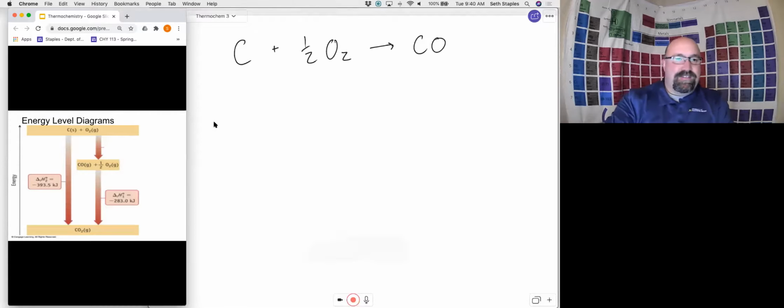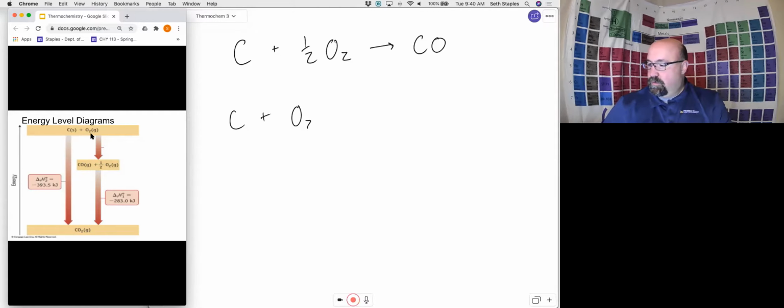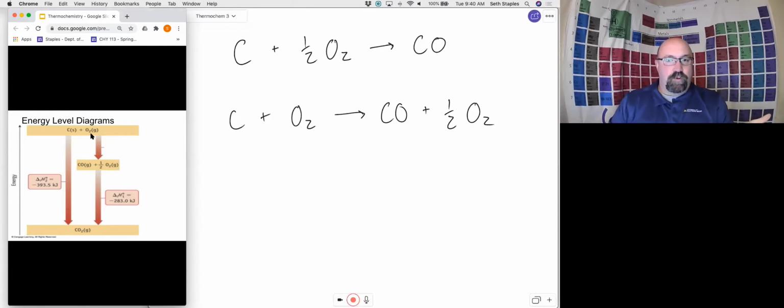If we look at just this pathway right here, carbon plus O2 gives us CO plus half O2, we really see that we can reduce that.